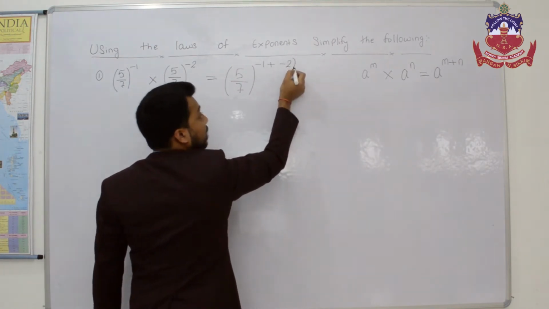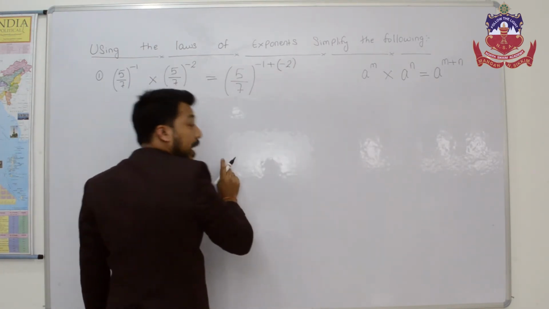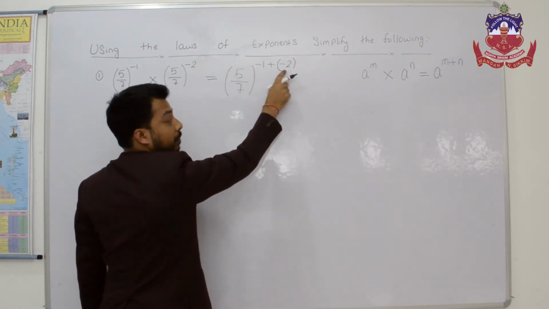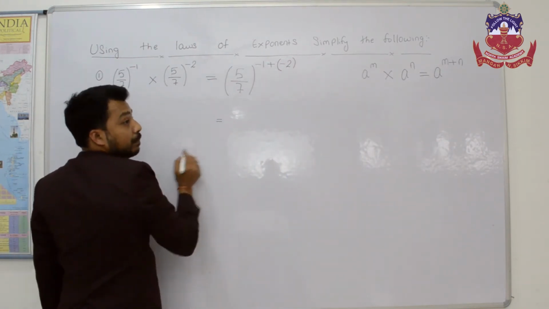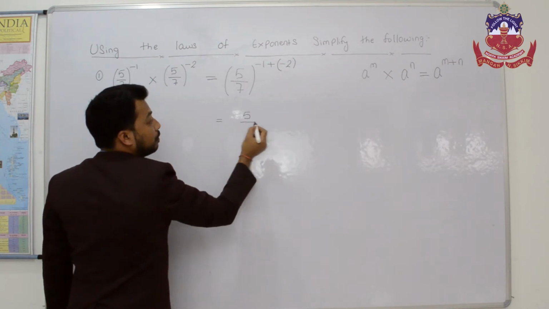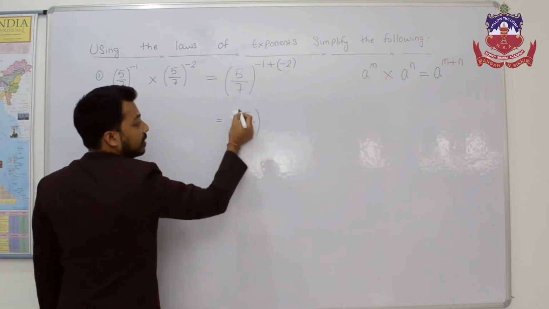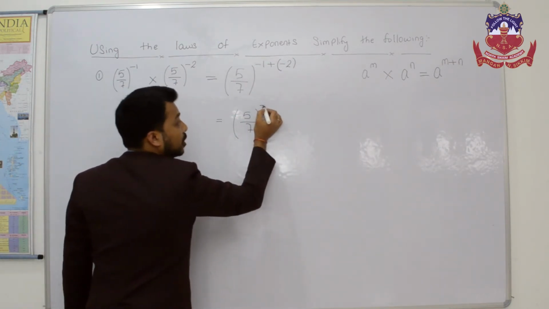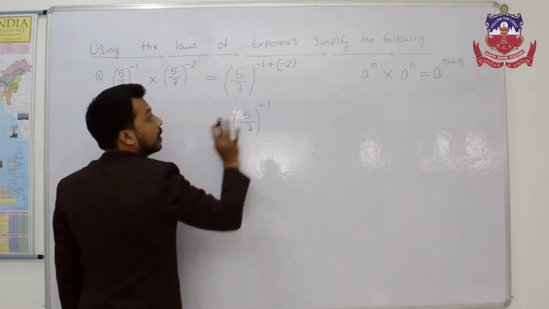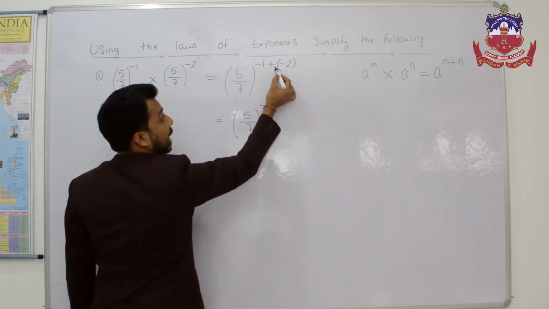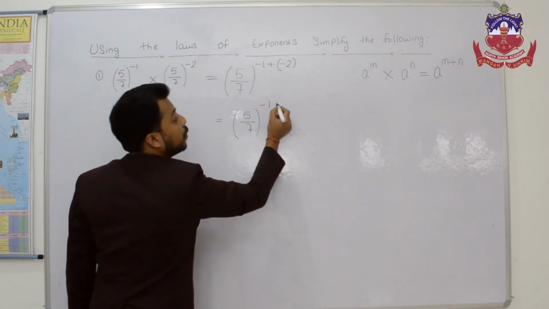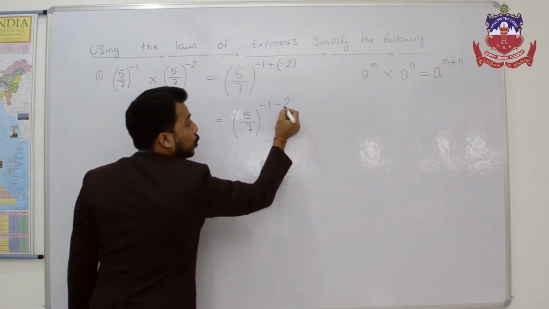Now you are going to put this minus 2 in the bracket. Why? The reason is there are two signs. In the next step we are going to solve the power. So you write the base as it is. The first power will remain the same. You'll open the bracket. So plus into minus will give you minus and then 2 will come out of the bracket.